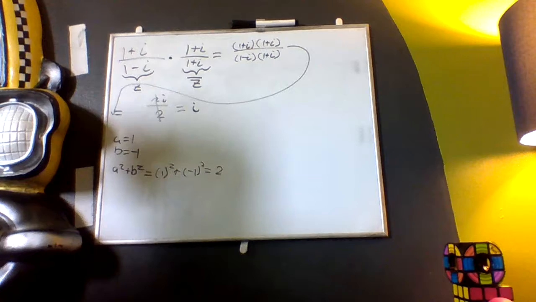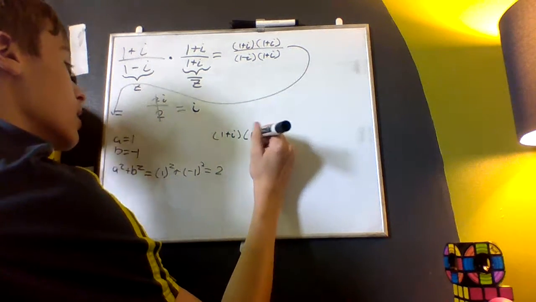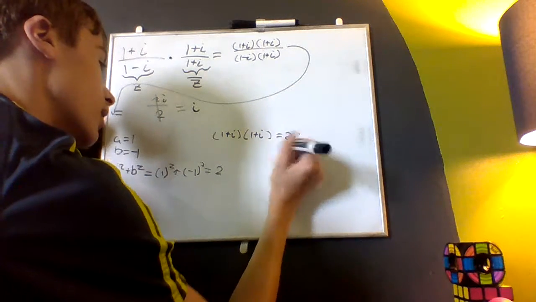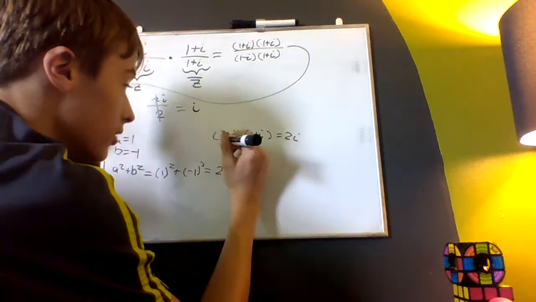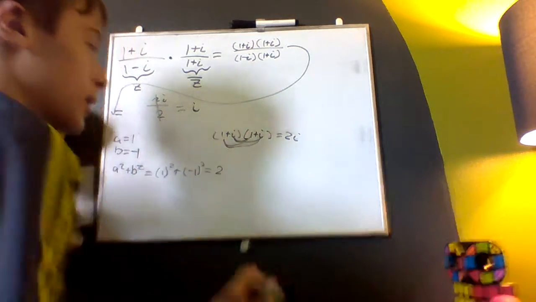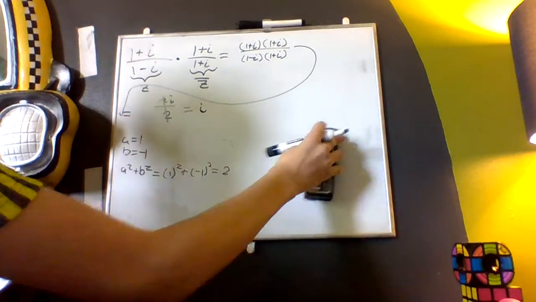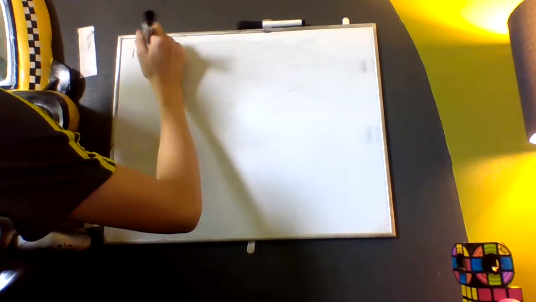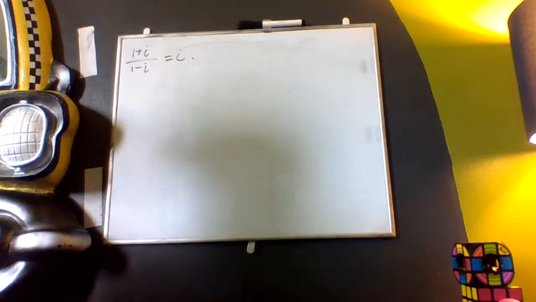Because 1 times 1, i times i, minus 1, cancel out. 1 times i times 2, 2i. There we go. Okay? Basically meaning 1 plus i on 1 minus i is just i. It's kind of weird, isn't it?